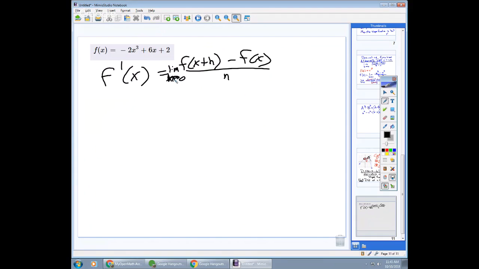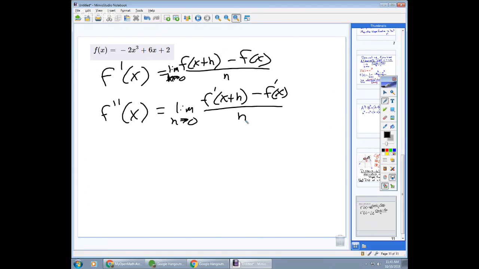Second derivative just means take the derivative of your slope function. So then we'll find f double prime. That's going to be the limit as h goes to 0, but instead of f, I just throw in whatever I found f prime to be. So I just repeat this process for whatever function the first one gives me.